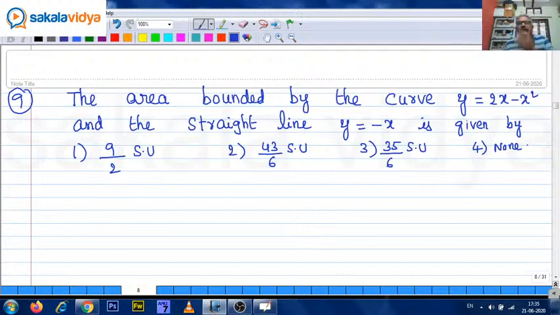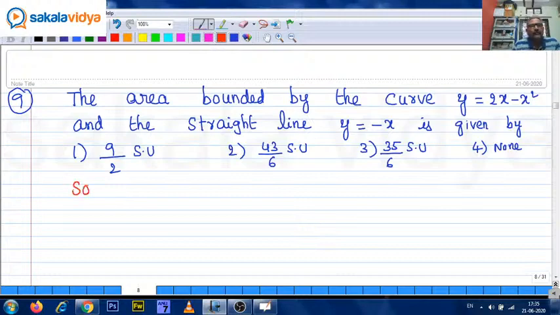If you draw the figure, the graph of this one will be a downwards parabola. Downwards parabola means this parabola is the upper curve, and the line y is equal to minus x becomes the lower. That means here we need to do curve minus line and integrate it. Now we need to find out the point of intersection first. Let us find out now.